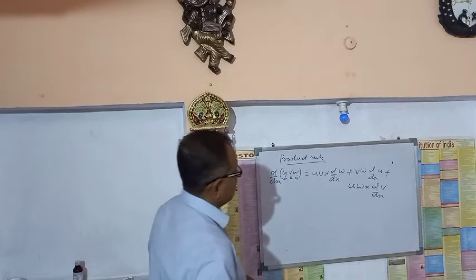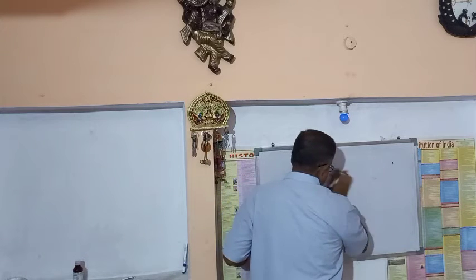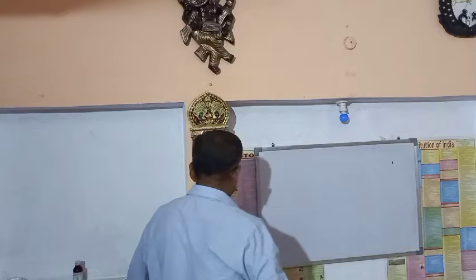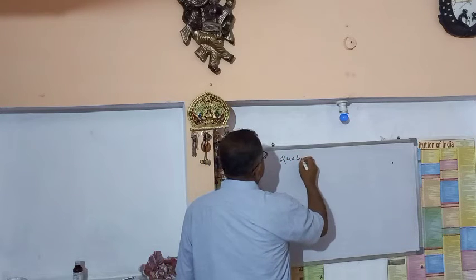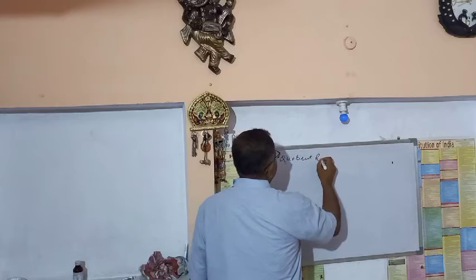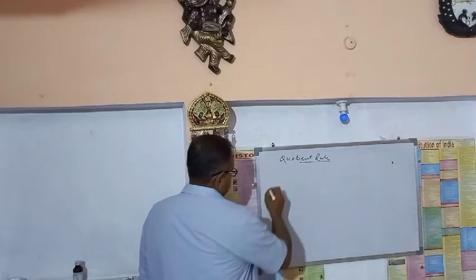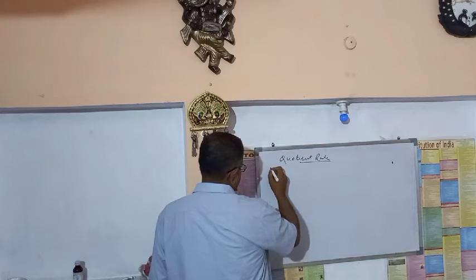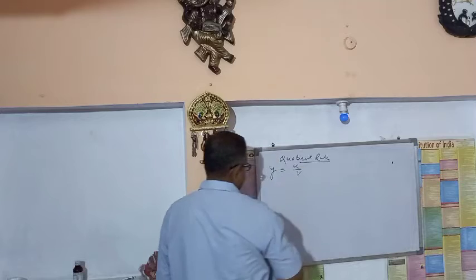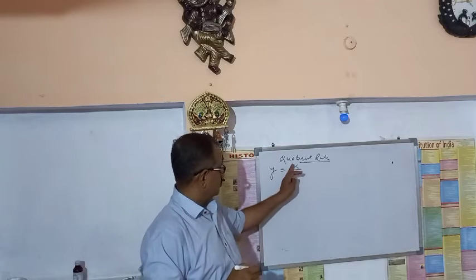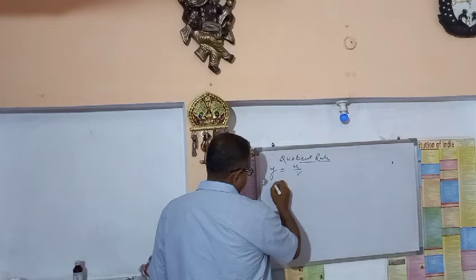Now let us see the quotient rule. Suppose y is equal to u by v. This is the quotient u by v. Then how can we take its differentiation?